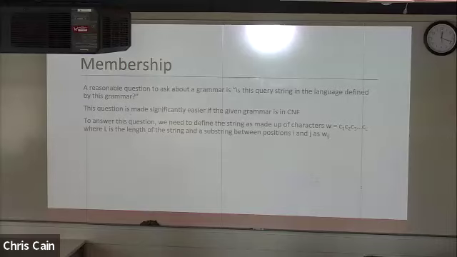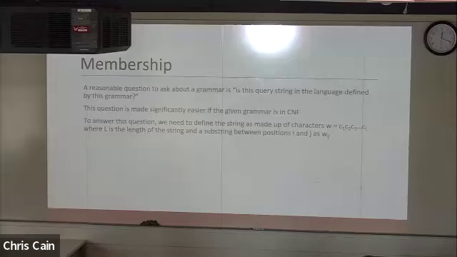So we need to define a few things going in. The characters in the string that we're using are going to be subscripted lowercase c's: c1, c2, c3, up to capital L, where capital L is the length of that string. We're going to define a substring as W sub ij, which says this is the substring from character i up to and including character j.